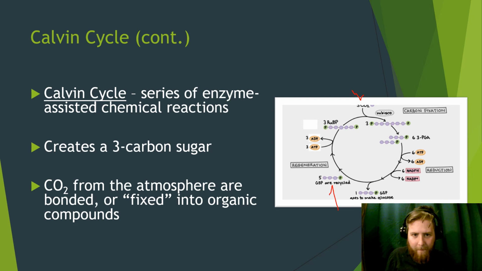This G3P will be used to make glucose. So what we're doing is we're taking 3 carbon dioxide from the atmosphere, and we're creating half of a glucose molecule for each run through the Calvin cycle.